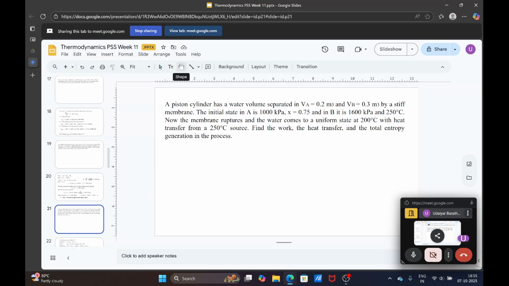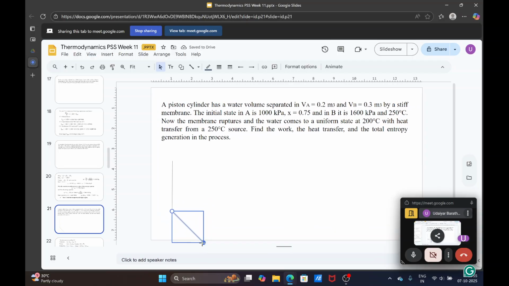Suppose this is a cylinder, and then you have two separations. Initially this is the piston, and then this is the membrane which is separating both the volumes.